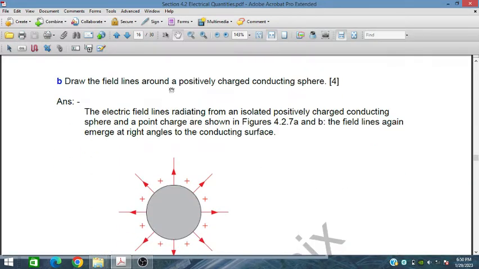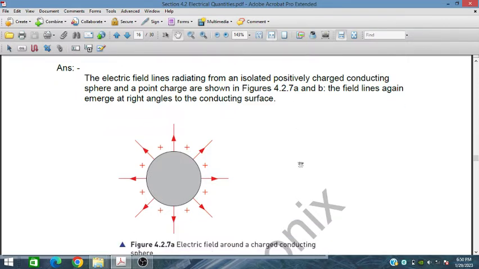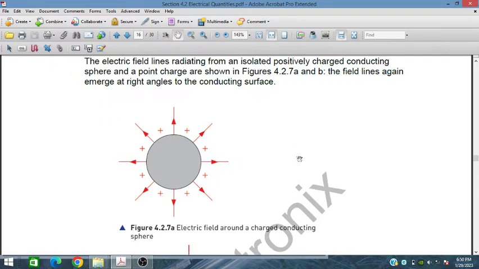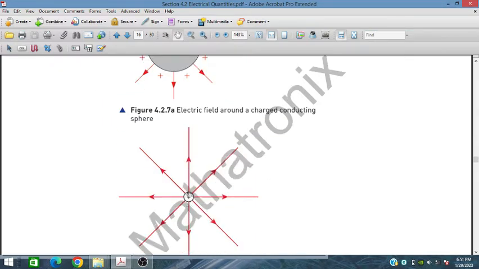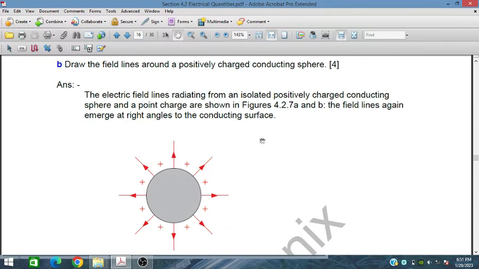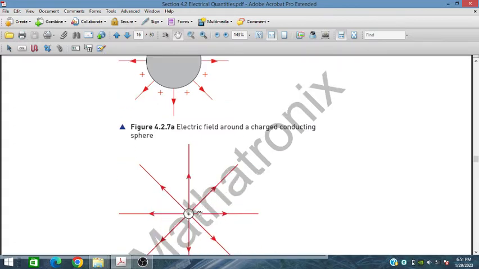Draw the field lines around a positively charged conducting sphere. So these are the electric field lines radiating from an isolated positively charged conducting sphere. A positively charged sphere and a point charge are shown in figure 4.27 A and B. This is a point charge, and this is a spherical conducting charged body, shown in A and B. The field lines emerge at right angles to the conducting surface, like this.